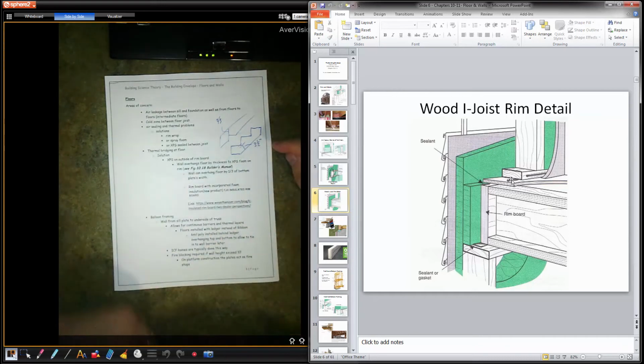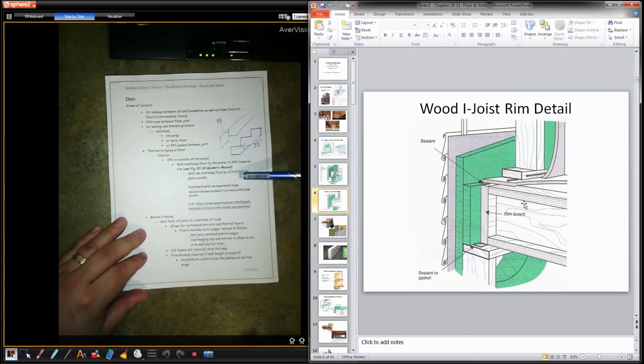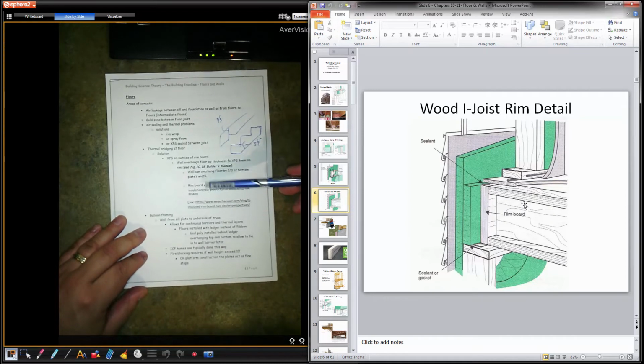To me, 3.5 is not enough. 5.5 is a better number, but it's again associated to the 2/3 rule. You can take away 1/3, leave 2/3. 2/3 of the material would be best for strength. You can see right here, wall can overhang floor by 1/3 of the bottom plate width.